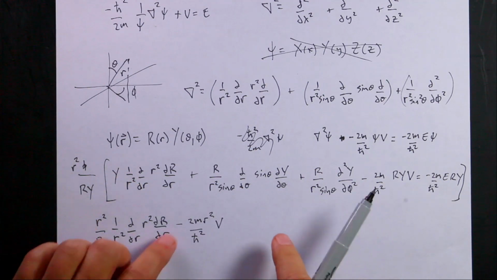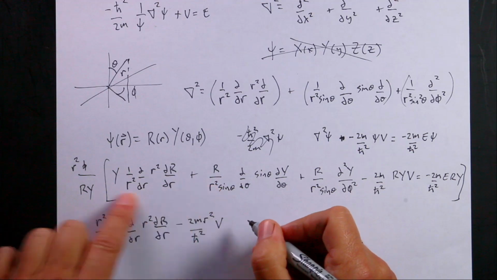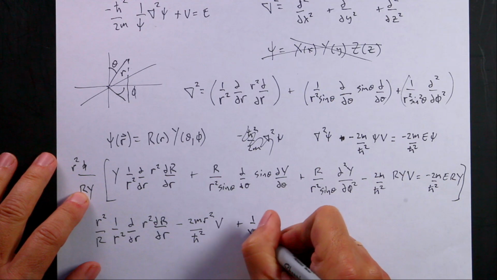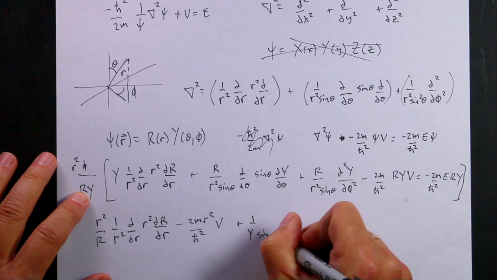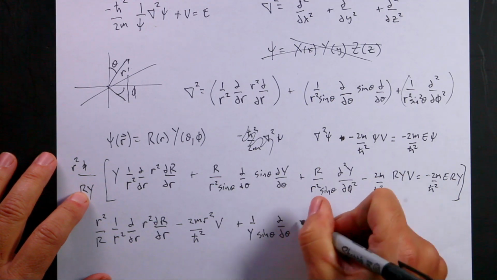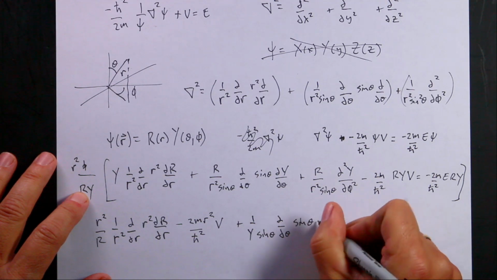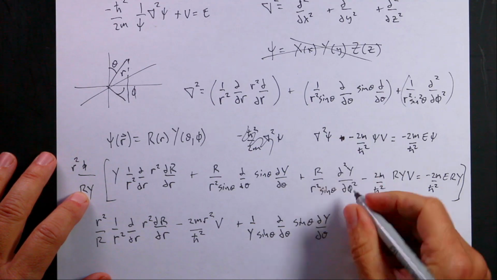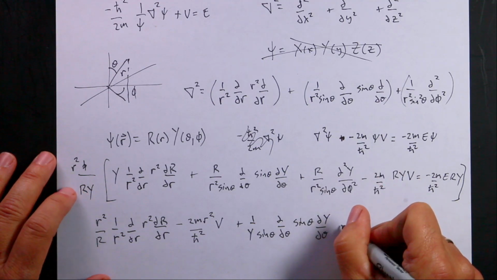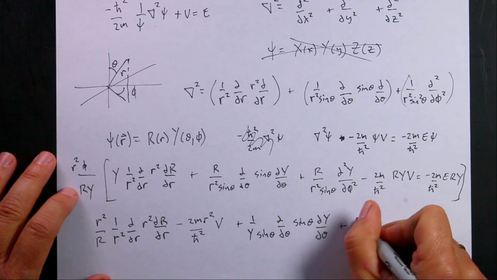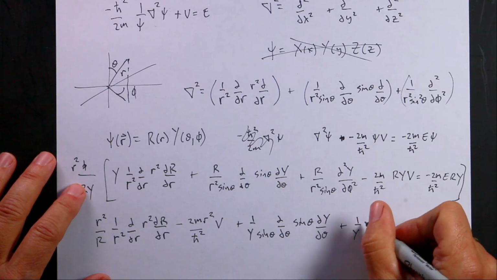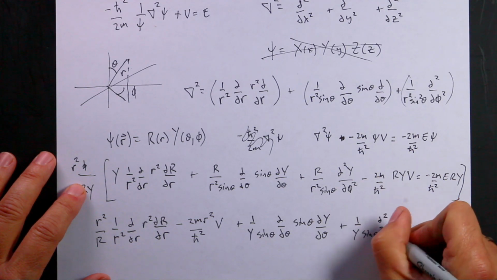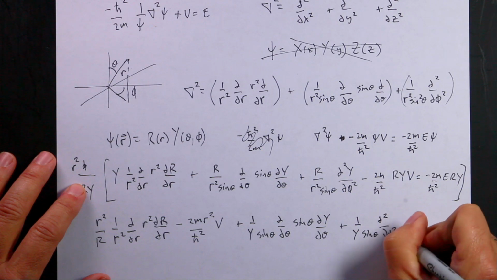Okay, so now in this term the r squared is going to cancel, the r is going to cancel, so I get plus 1 over y sine theta, partial with respect to theta, sine theta, partial of y with respect to theta. And over here, the r squared r is going to cancel also, so I get plus 1 over y sine theta, partial squared with respect to phi of y.